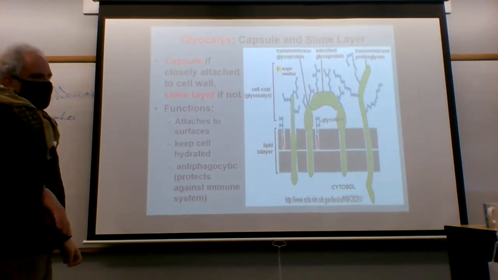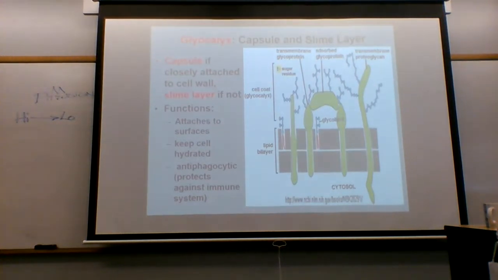It can be a slime layer if it's not very closely attached, and you perhaps have seen, with nasty food sitting in your refrigerator that starts to get really funky, that is bacteria that's producing a slime layer. On warm days out in the river, you can have bacteria coating rocks producing a really thick slime layer. And it's keeping the bacteria on the surface.